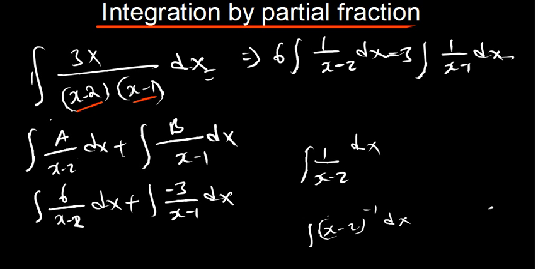Now we know that the rule of integration is that we are supposed to add 1 to the power. So if I add 1, it's going to be negative 1 plus 1, which gives us 0. So it doesn't work like that.